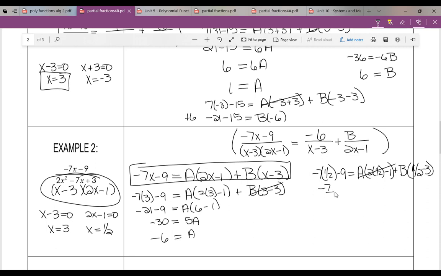So I get negative 7 over 2 minus 9. You will get negative 12.5. You get negative 25 over 2, which is negative 12.5. If you want to leave it as negative 25 over 2, that's fine. Equals B times negative 2.5, I apologize.